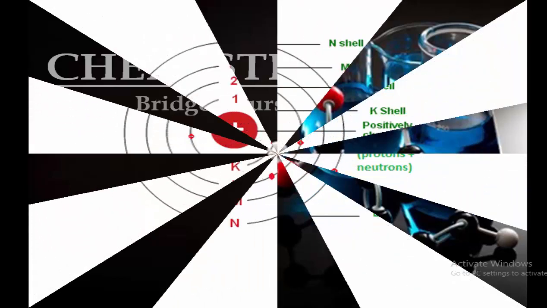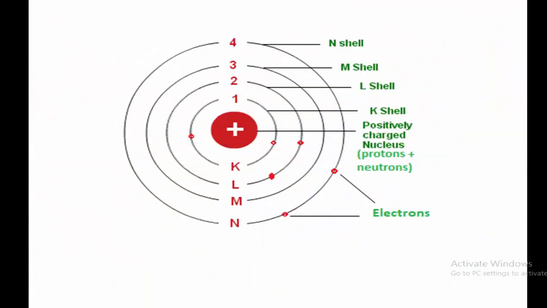So before going to that, see here, as you already studied, atom consists of protons, neutrons and electrons. The protons and neutrons are present at the center of the atom.